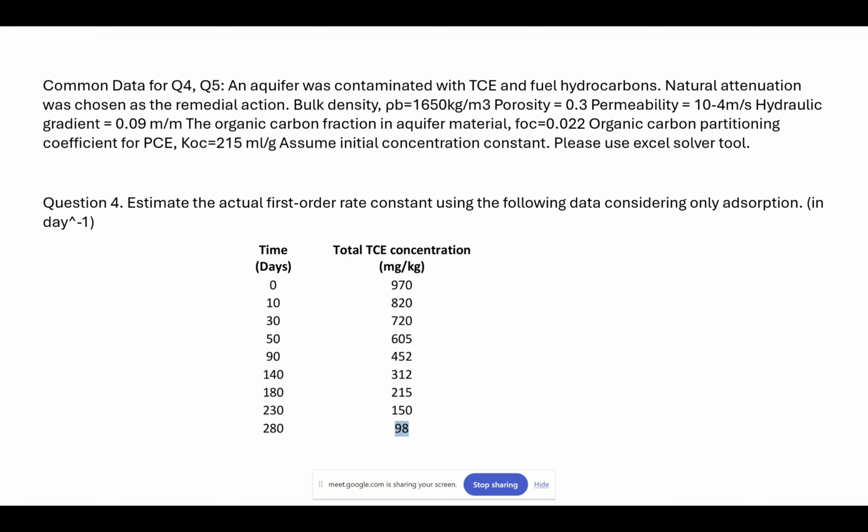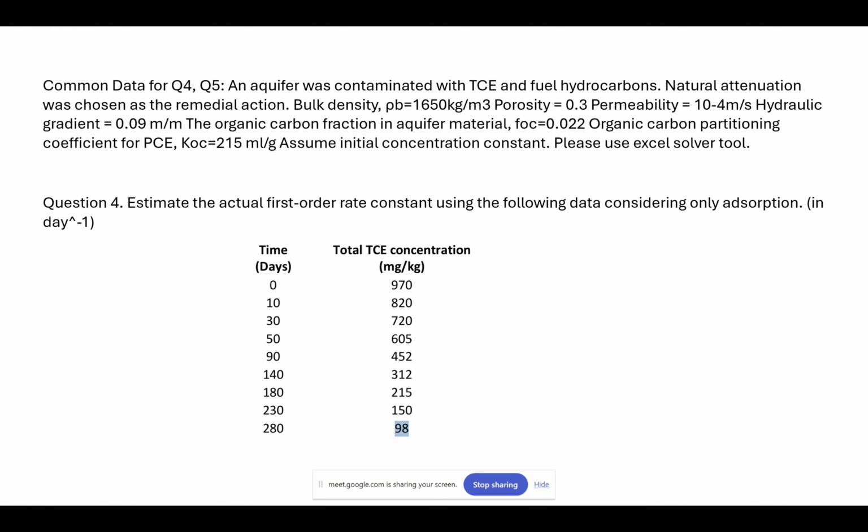The question is, estimate the actual first order rate constant using the following data considering only adsorption. So we only have to consider the adsorption. We have been given the total TCE concentration at different time intervals, and we have to find out the actual first order rate constant.